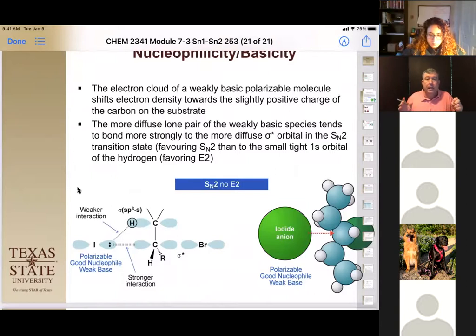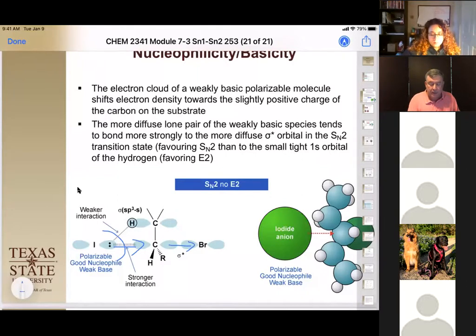Okay, so if you have something big and fluffy, like an iodine, that is weakly basic because the conjugate acid is so strong, it's going to favor an SN2 reaction because it can start to form that bond with the carbon because of its high polarizability, and it's going to help the leaving group leave.